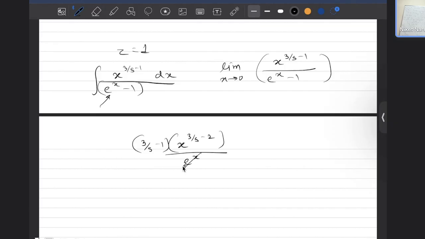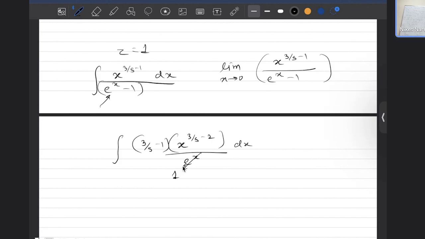So now this is just 1. Wait, have I made some mistake here? This is a 0 by 0 form, right? So I can use L'Hopital rule. Wait, I think I made some mistake.